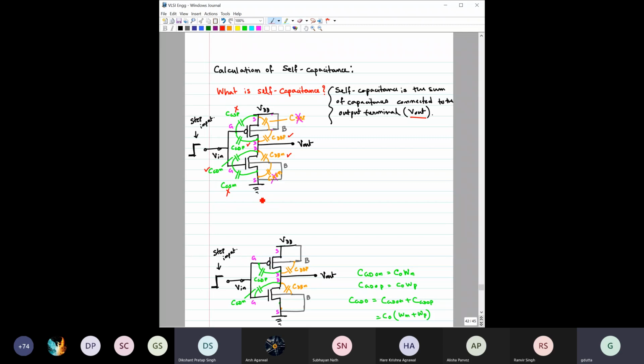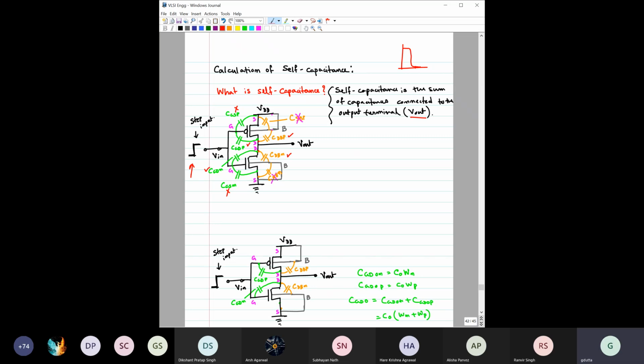To make our calculation a bit simple, we are considering that the input is a step input. If you consider the step input, then if you consider the VTC, during most of the region both transistors would be either in cutoff or in the saturation region.